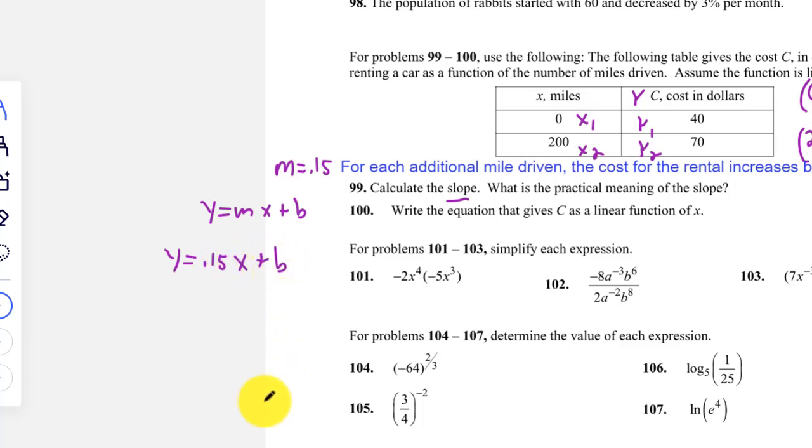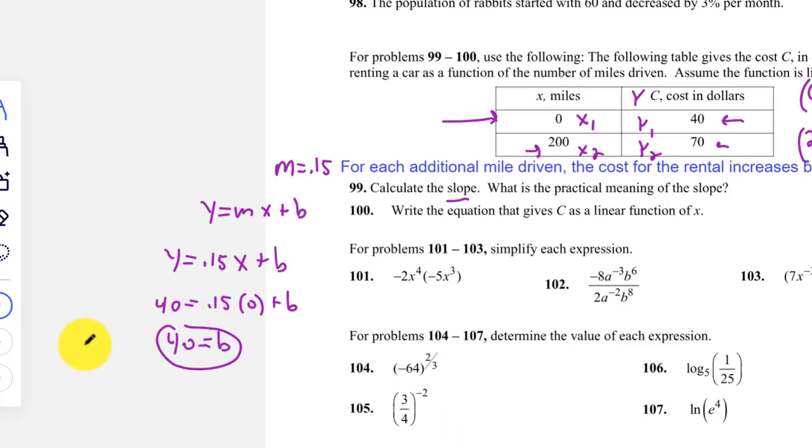So the only thing we don't know is b, because we do have an x and a y. Here's an x, here's a y. We could use either of these, 200 or 0, 40. So I'll use the 0, 40. So I put in 40 for y and 0 for x. So, and it looks like 40 equals b.